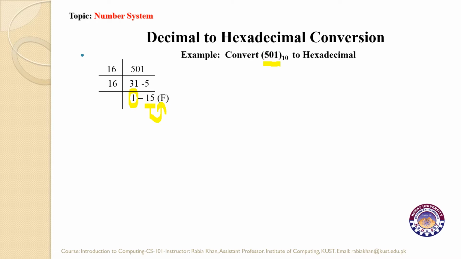Now here let me recap the range for the hexadecimal number system. As you all know, it consists of 0 to 9, a total of 10 digits.